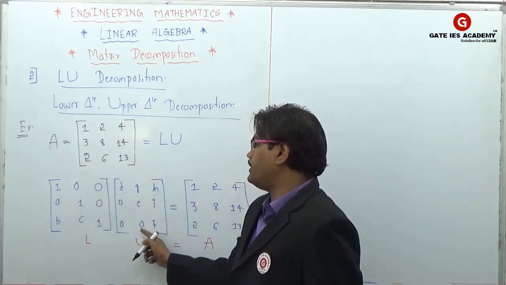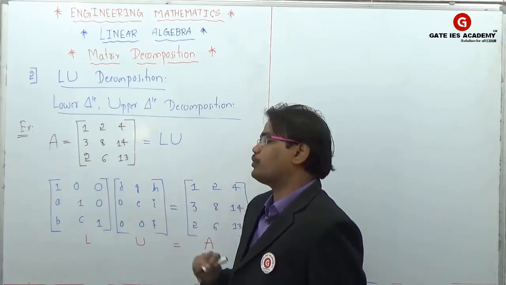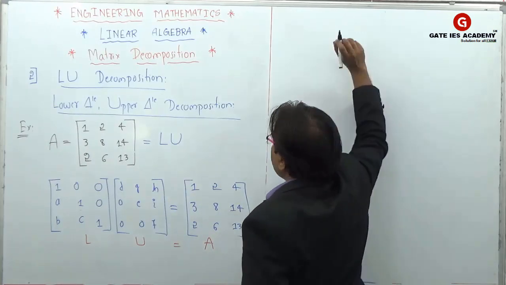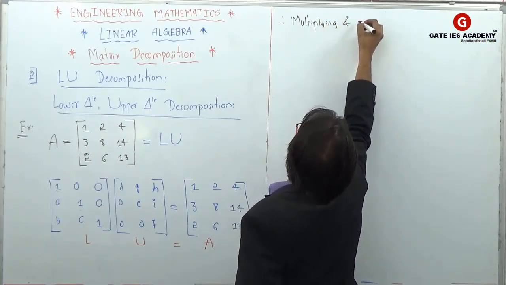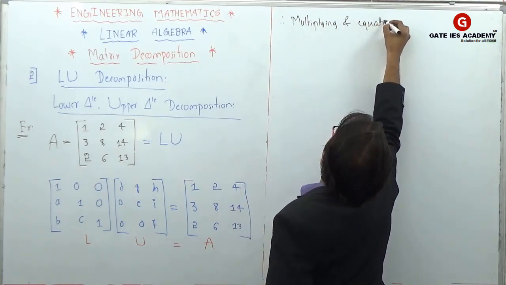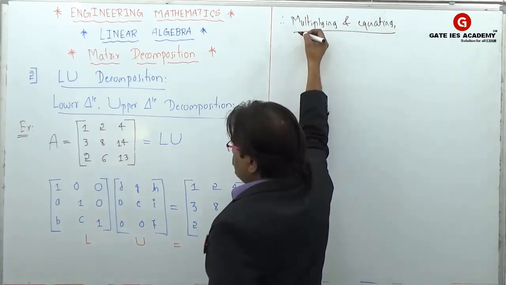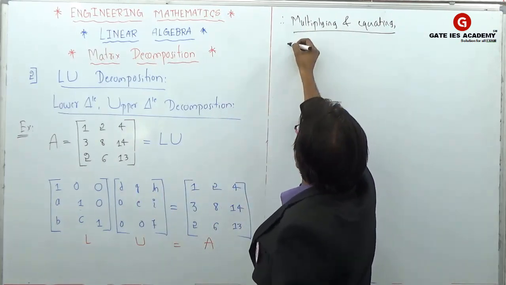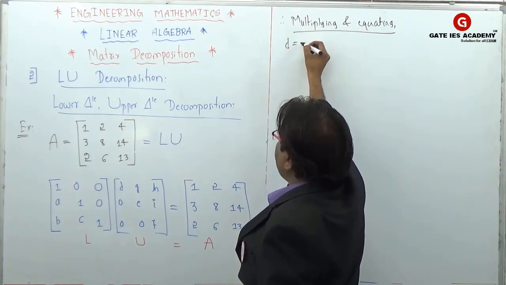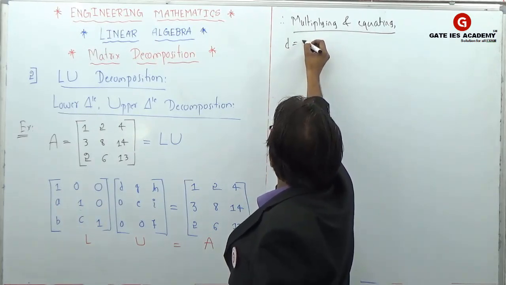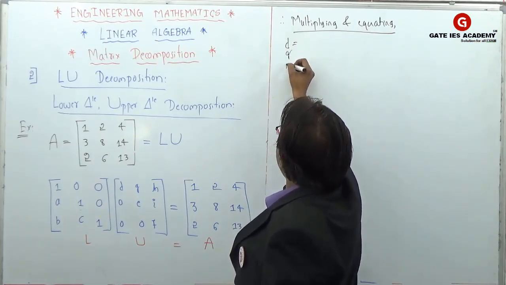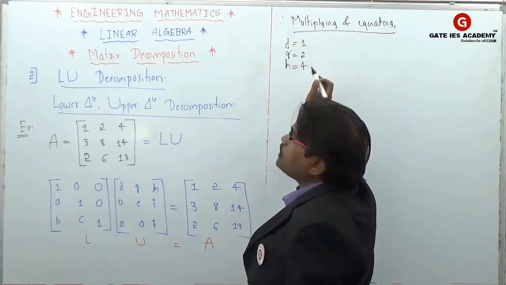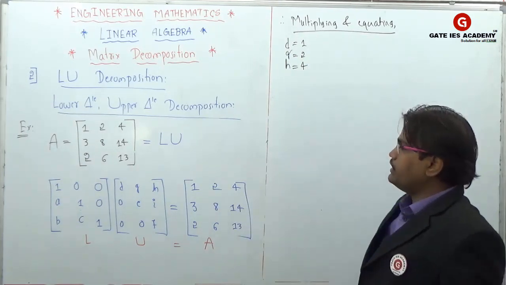Same thing here: G equals 2 and H equals 4. So multiplying and equating, we get D, G, H as 1, 2, 4.